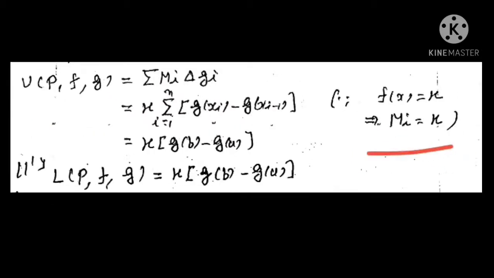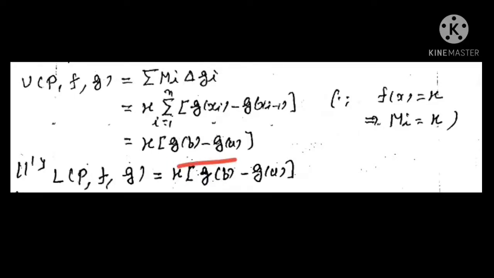So here it is equal to k times sigma i running from 1 to n of g(xi) minus g(xi minus 1), which is equal to k into g(b) minus g(a).